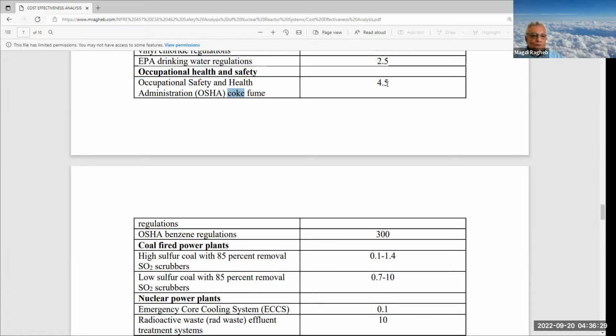That is 4.5. Benzene regulations, it's when you go to the pump at some point, or well-designed pump at the gas station, of course, absorbs the fumes that are leaking from the hose itself. That is very costly, $300 million per life saved.